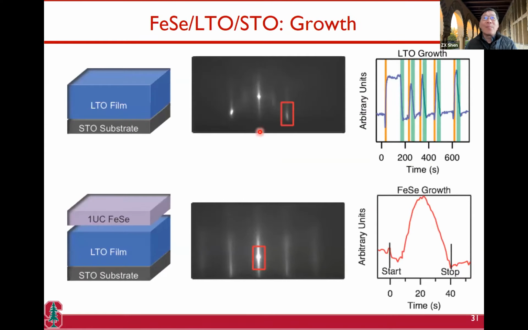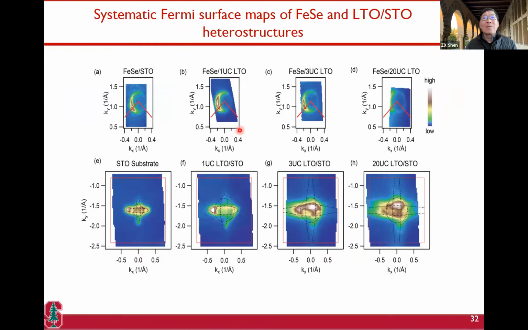And just to say that we can grow LTO on STO in an epitaxial way, and we can also grow iron selenide on top of that, with the thickness of LTO being adjustable. Okay. So here are some of the data. This is the Fermi surface of those films.